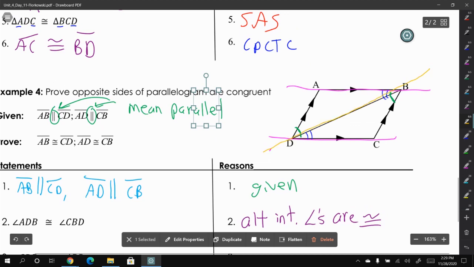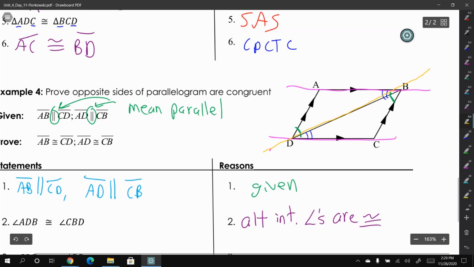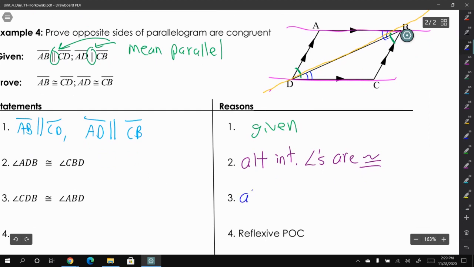And the reason why I switched parallel lines is because now my blue angles are formed by my horizontal pink lines and the transversal yellow line going through. And again, those are also alternate interior angles because one angle is below the transversal and one angle is above my yellow transversal. So alternate interior angles are congruent.